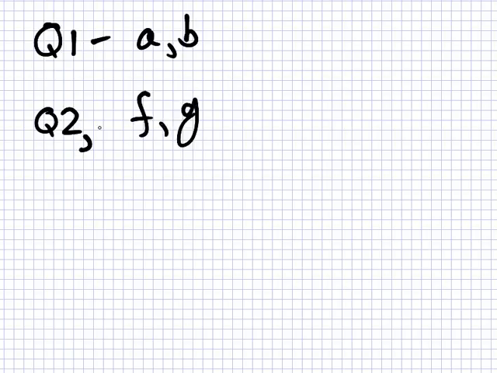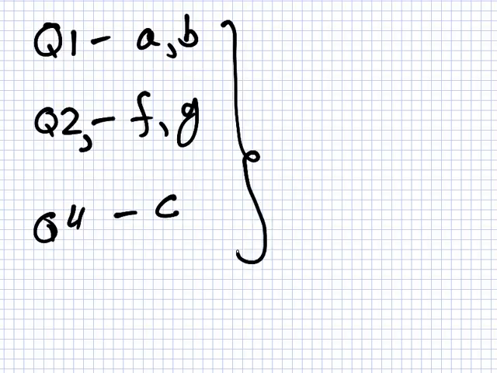Like question 1, you could do A and B, and then question 2, you could do F and G, and then question 4, you should be able to do C. So here's some questions to practice. You can just do these for 5 minutes and then we'll start the next lesson.